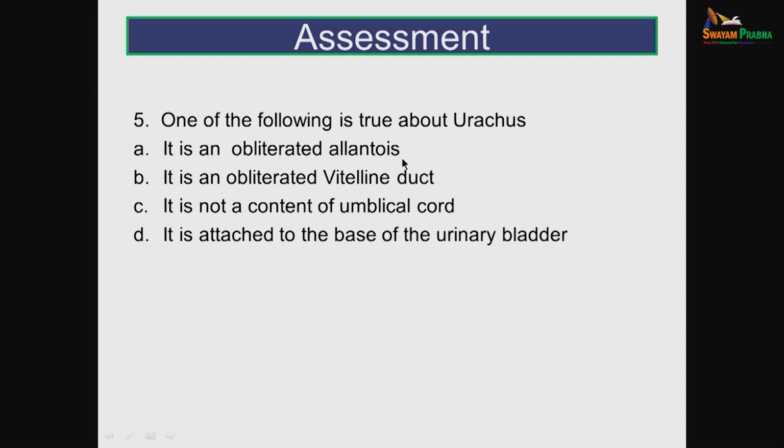We have mentioned earlier that the allantois gets obliterated to form a fibrous cord which is called the urachus, which will extend not from the base but from the apex of the bladder to the umbilicus, and it becomes a content of the umbilical cord. An obliterated vitelline duct is called Meckel's diverticulum. So the answer for this MCQ is it's an obliterated allantois.